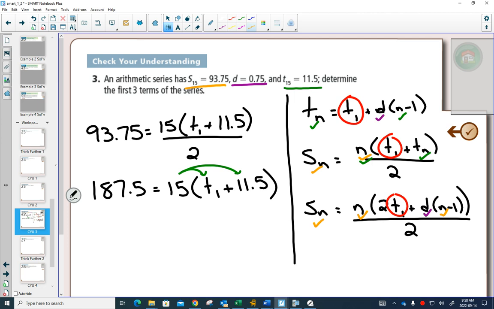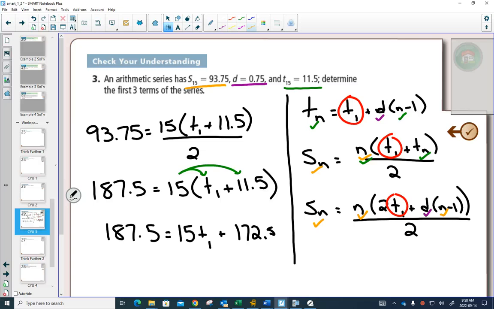If you distributed, because I drew the arrows, I would get 15 T1 plus 15 times that. That's what, 172.5? Someone check that. 15 times 11, okay, good.